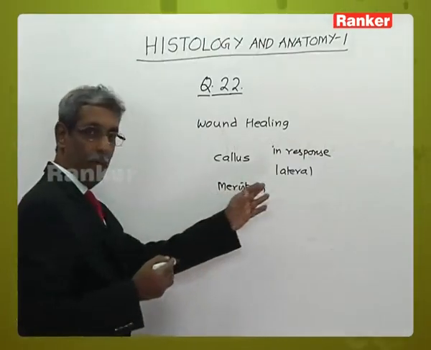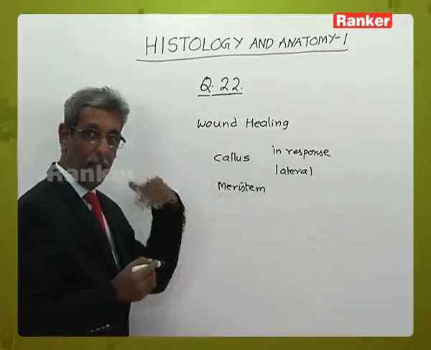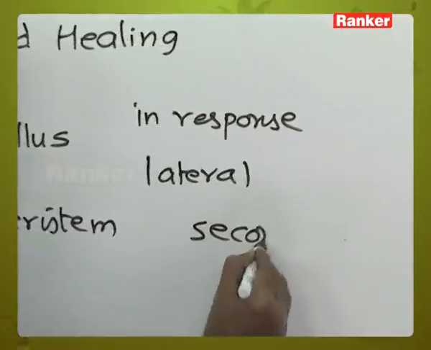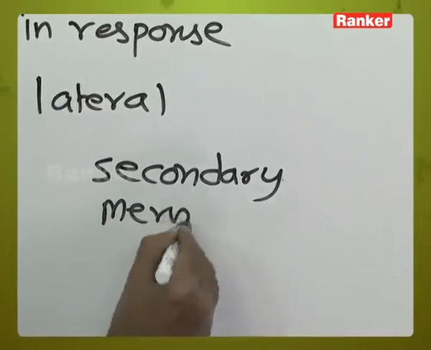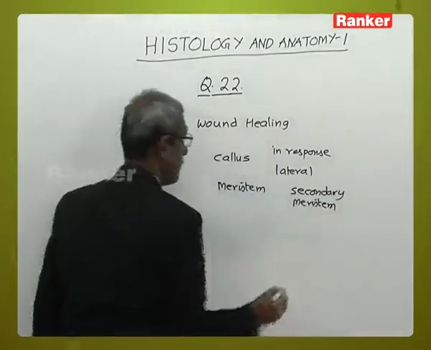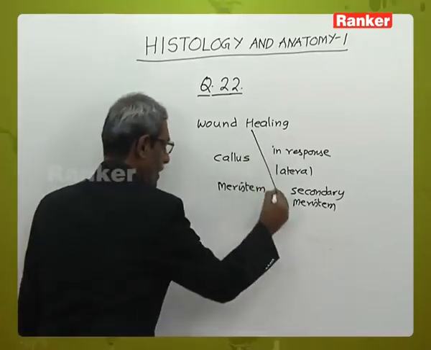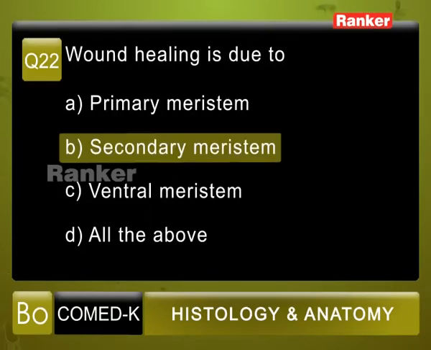So, any meristem which is formed laterally in response and in the later tissues is primarily termed as a secondary meristem. So, wound healing is always related to secondary meristems. The answer is B.